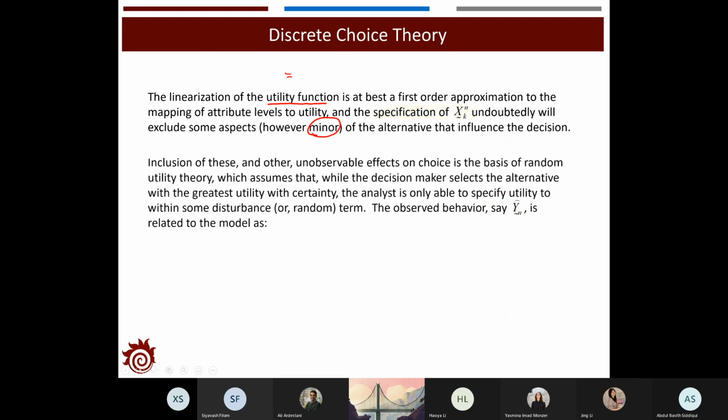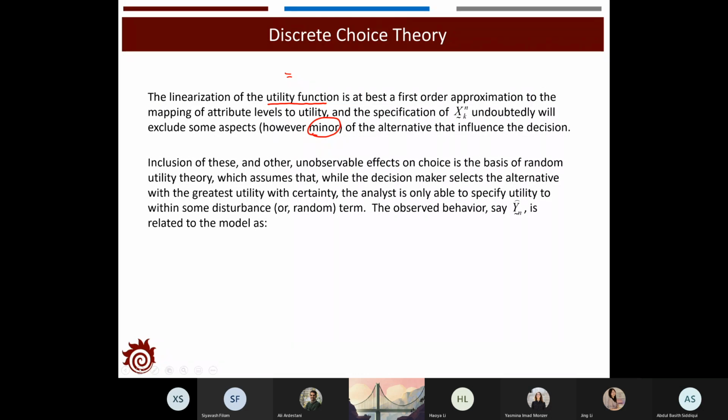And second, for the discrete choice theory, we will also need to introduce some randomness into the model, because usually the behaviors of human beings cannot be modeled perfectly by statistical models. There exists some randomness there.